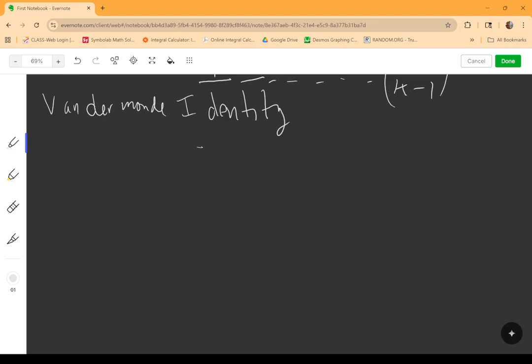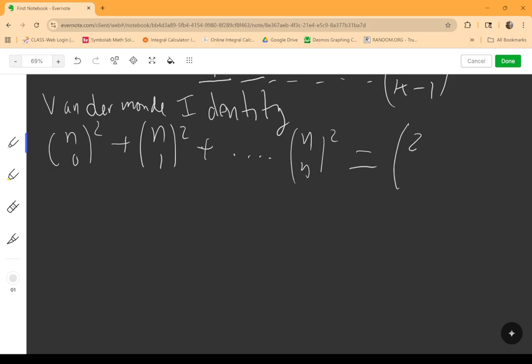The Vandermonde identity states n choose 0 squared plus n choose 1 squared plus all the way up to n choose n squared. That's equal to 2n choose n.